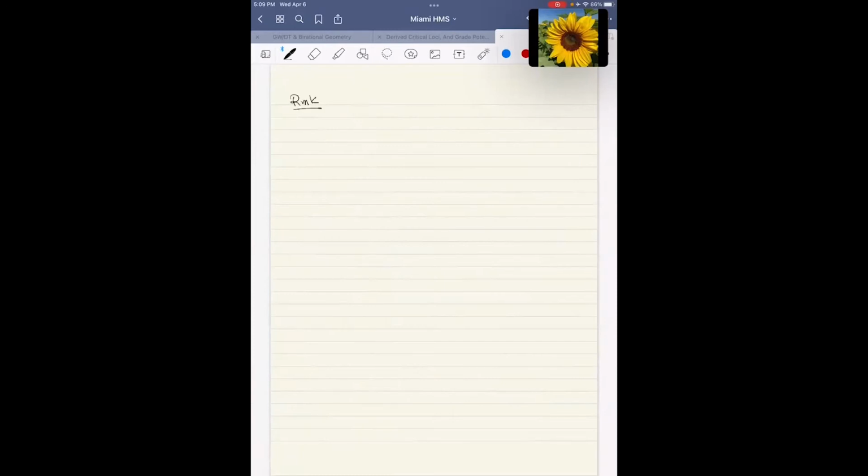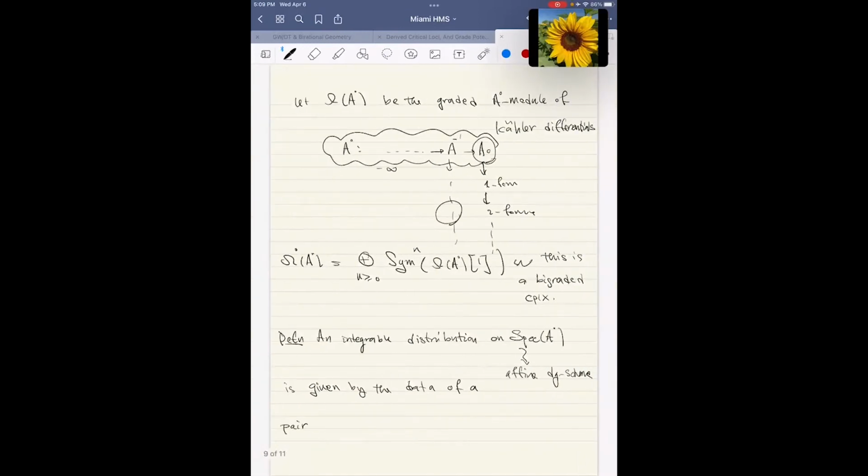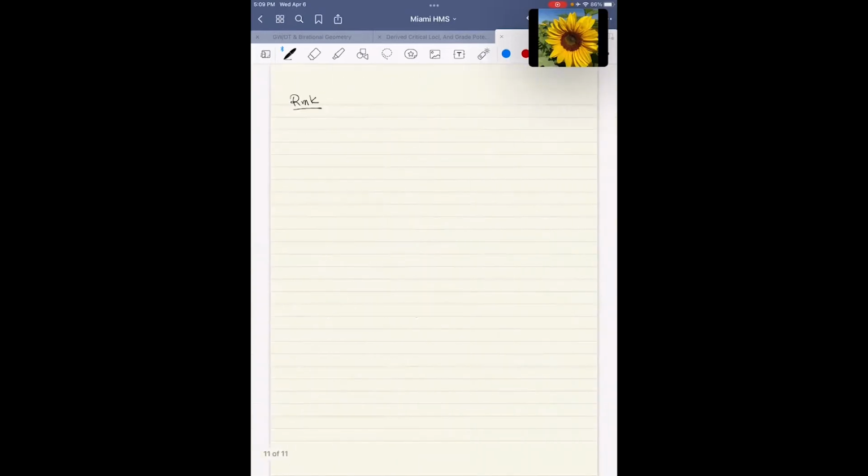Okay, so here's a remark. As I mentioned, we are working over a spectrum of A dot here, over affine DG schemes. Everything is defined over affine DG schemes. The remark is that you can do this over derived DG schemes, but of course, you need to cover it by affine DG schemes and then show that integrable distributions glue.